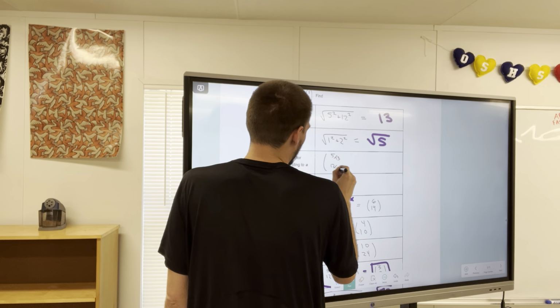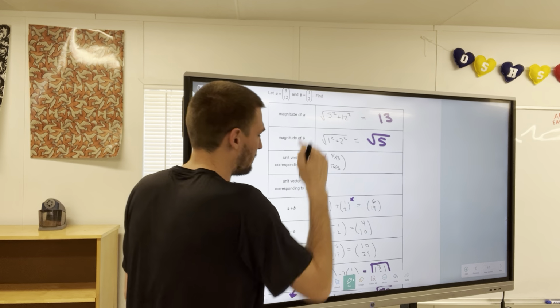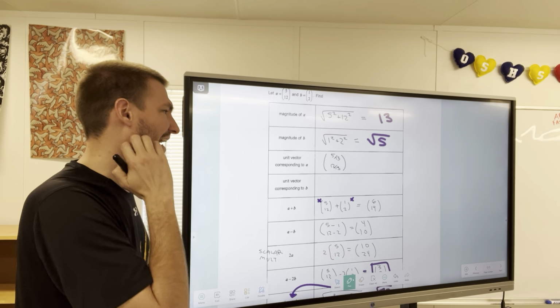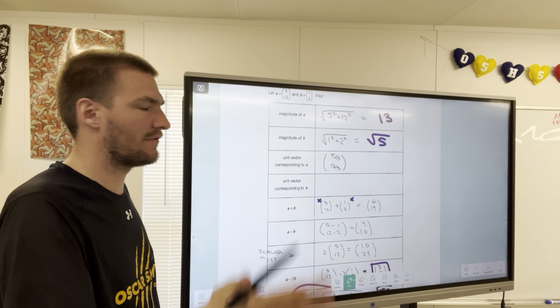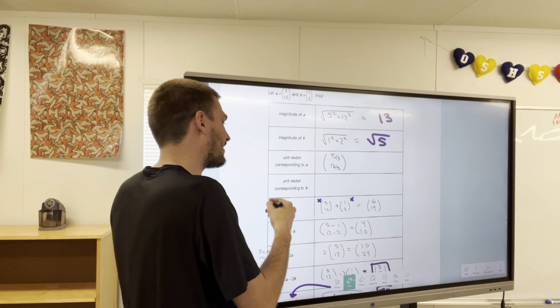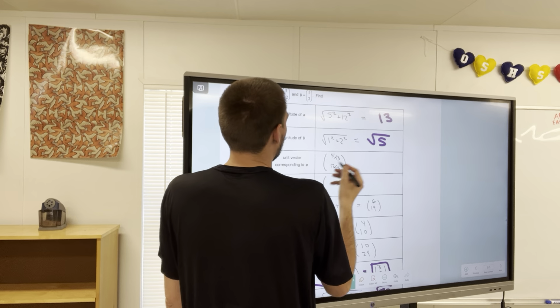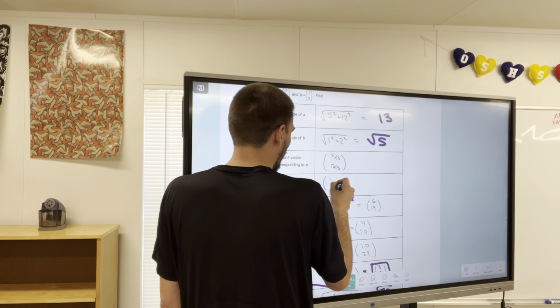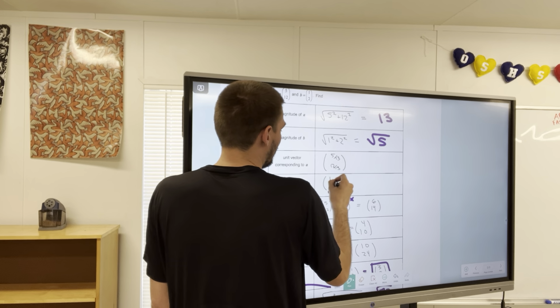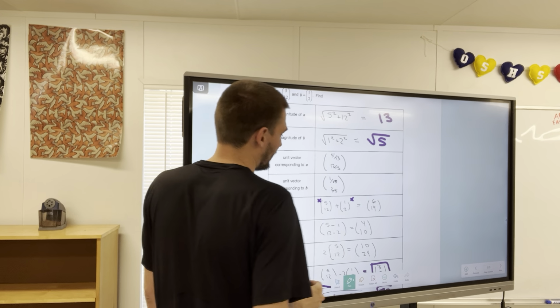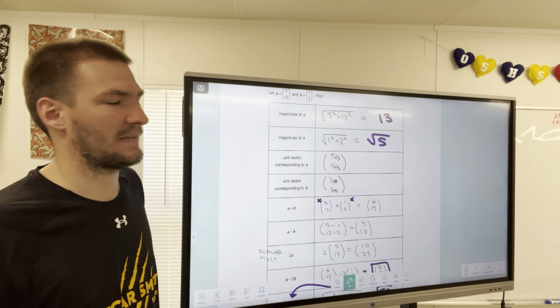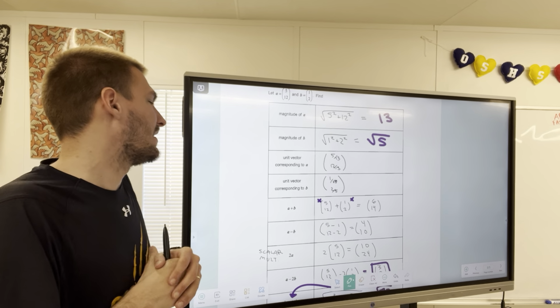Because there's really just not a whole lot of room to make them truly stacked fractions. So 5 over 13, 12 over 13. Unit vector corresponding to B, again, not very hard at all. (1, 2), divide, divide. This one is 1 over square root 5 and 2 over square root 5. So obviously we get to the question of rationalize it?